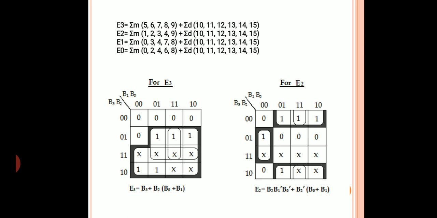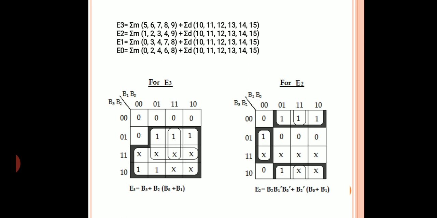So from 5 to 9 we have entered 1, and from 10 to 15 you have to enter don't care. If you observe carefully, you can group 1 octet and then 2 quads, because you know an octet reduces 3 variables, a quad will reduce 2 and a pair will reduce 1, a single will not reduce any variable. That's why we are giving highest priority to the octet and so on.